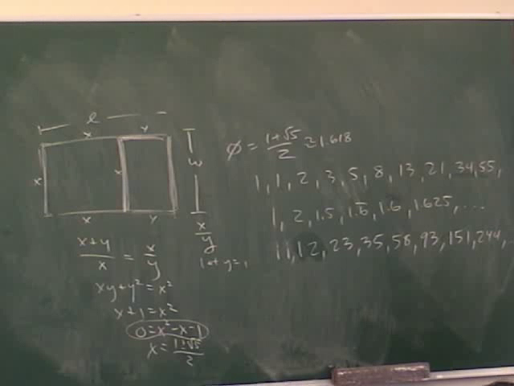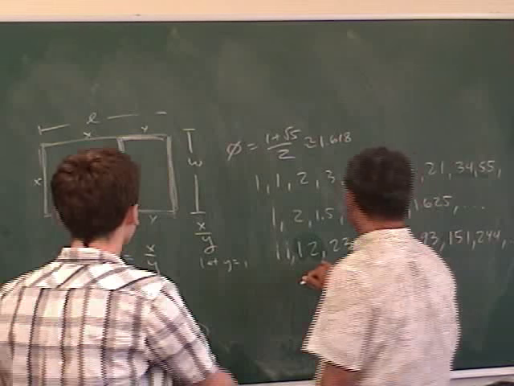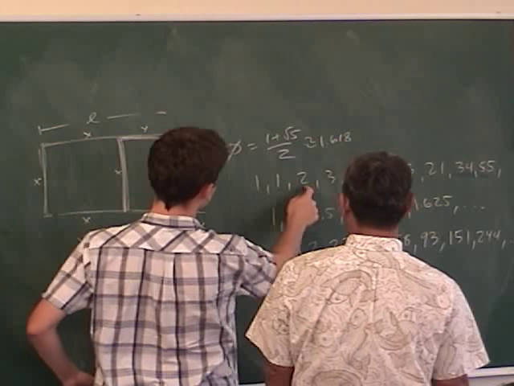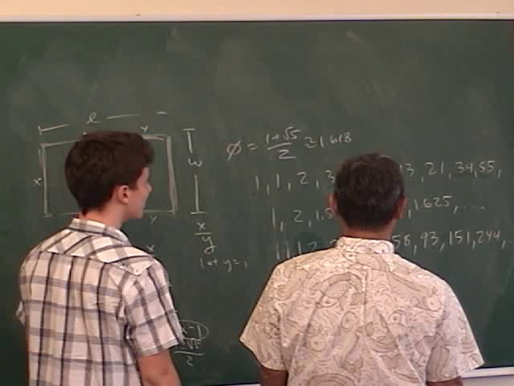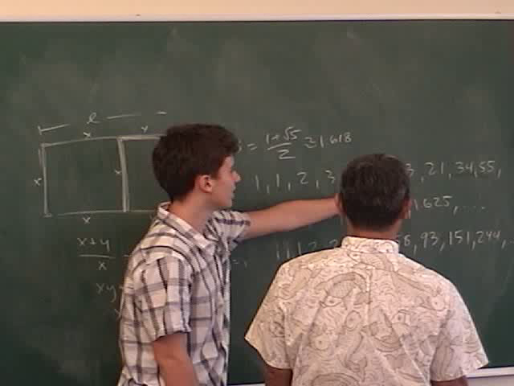So where do you get all these numbers from? You just put them together. 1 and 1, 1 and 2, and then you add those two, and you add the middle ones.